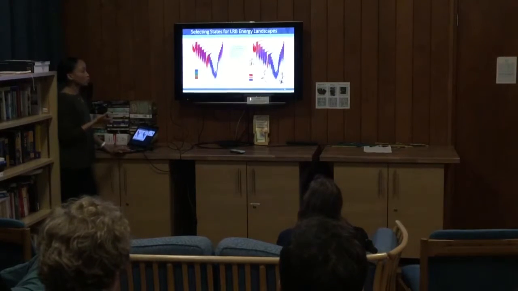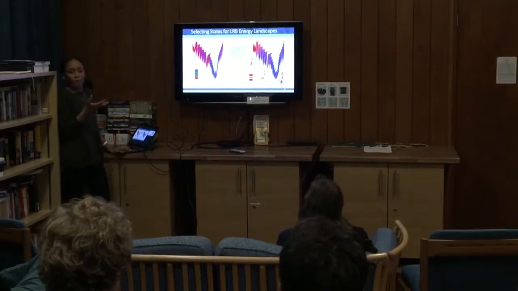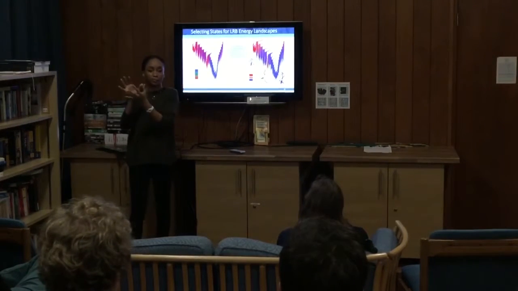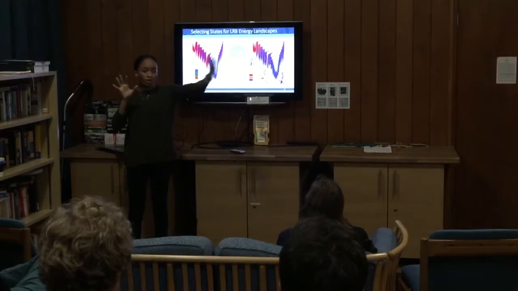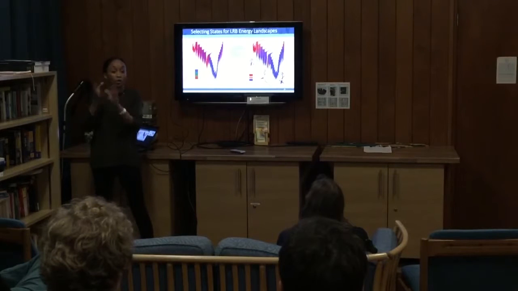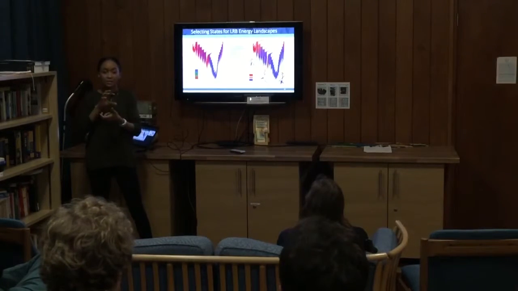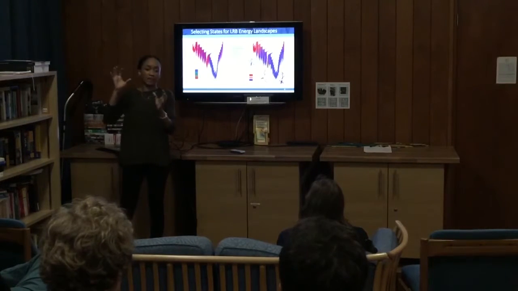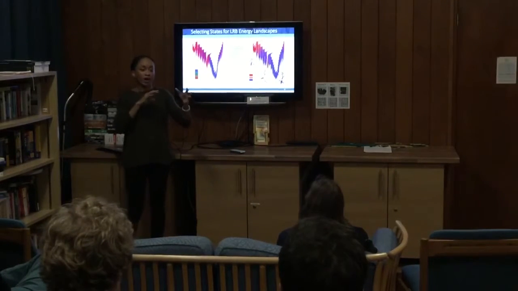And you could also use some structural order parameters. So let's say you could measure how tightly the protein is folded for all the minima in your landscape. And you could also measure the orientation of the rings for all the minima in your landscape, and that gives you an idea of where I have proteins that are very tightly folded, and where I have proteins that have the rings on either side of my protein, and so on.